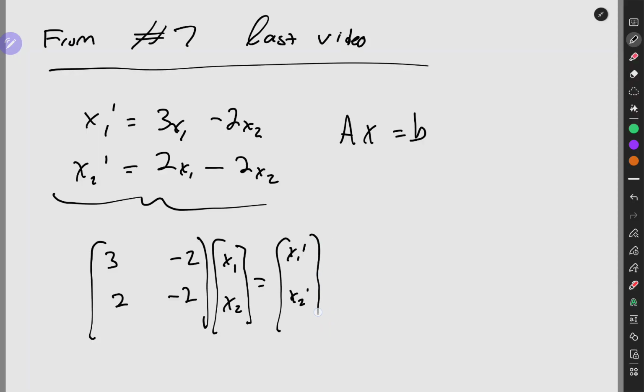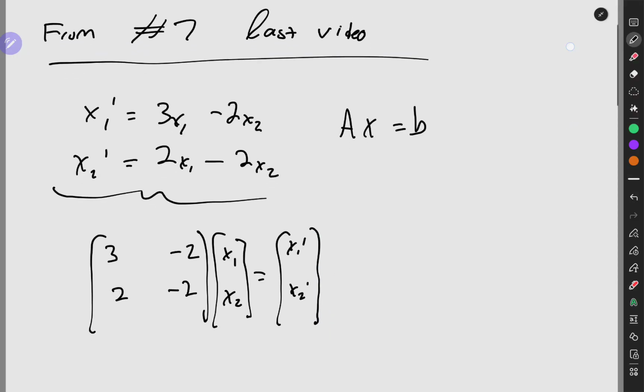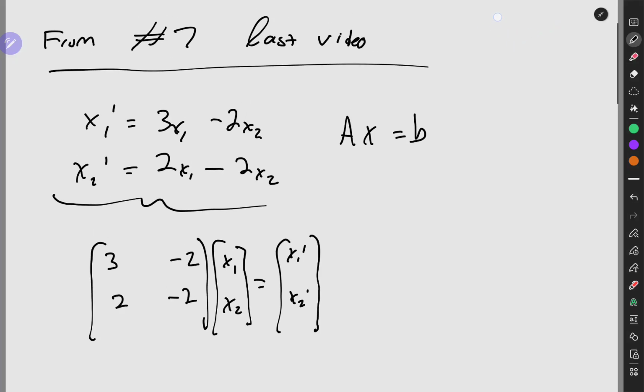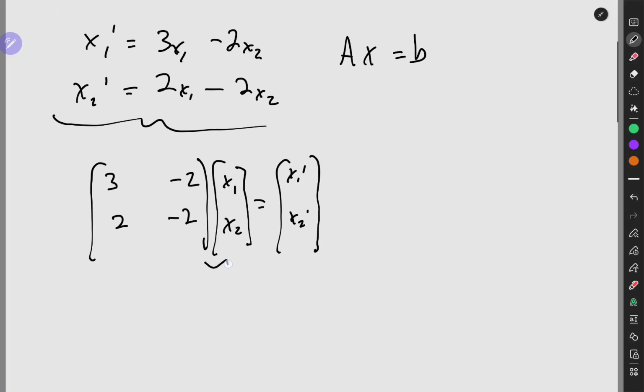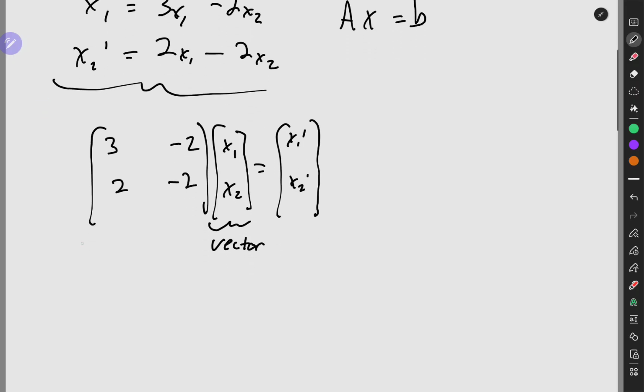The reason I'm able to write this like this is that this right here is a vector, and this is a matrix.